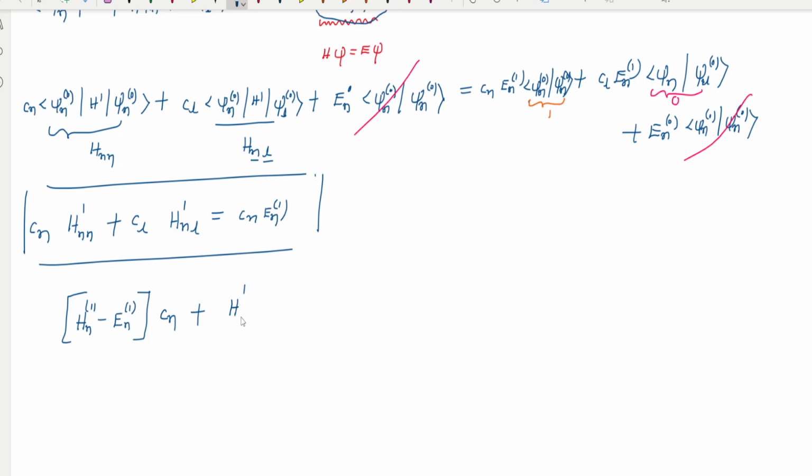H prime NL to C. This is equation number 3.